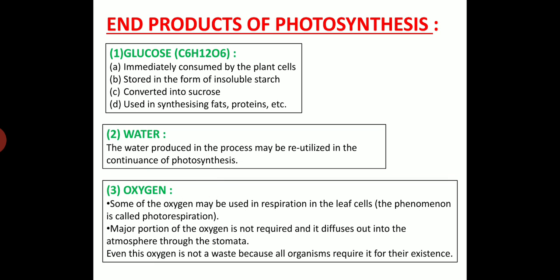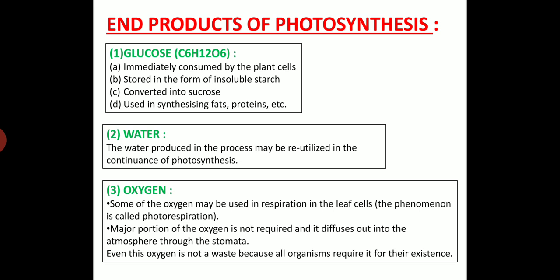Now, some portion of the oxygen is utilized by the leaves. Why leaves? This is not in the syllabus, but you need to know that in leaves, there is a particular type of respiration which occurs, known as photorespiration. For this photorespiration, plants require oxygen.